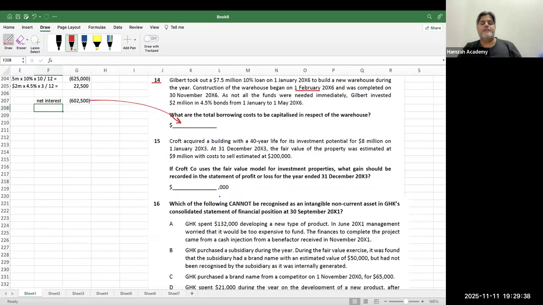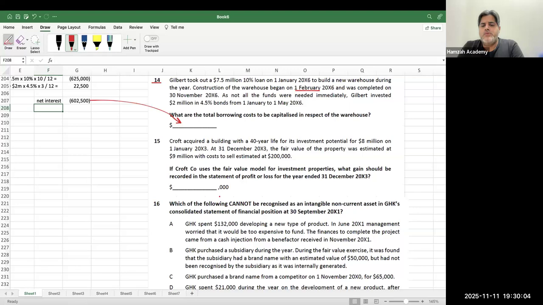Then I have my 15th question over here. Croft acquired a building with a 40-year life for its investment potential for 8 million on 1st January 2023. At 31st December 23, the fair value of the property was estimated at 9 million with cost to sell estimated at 200,000.